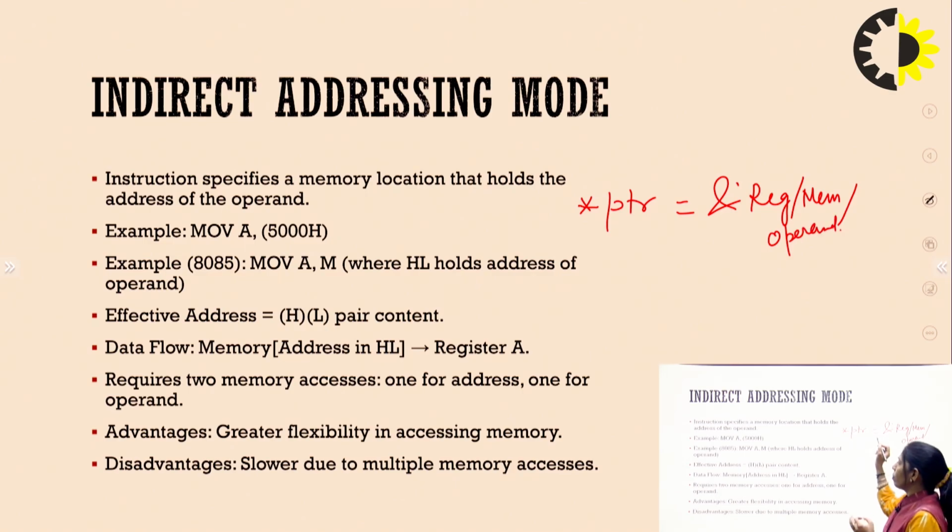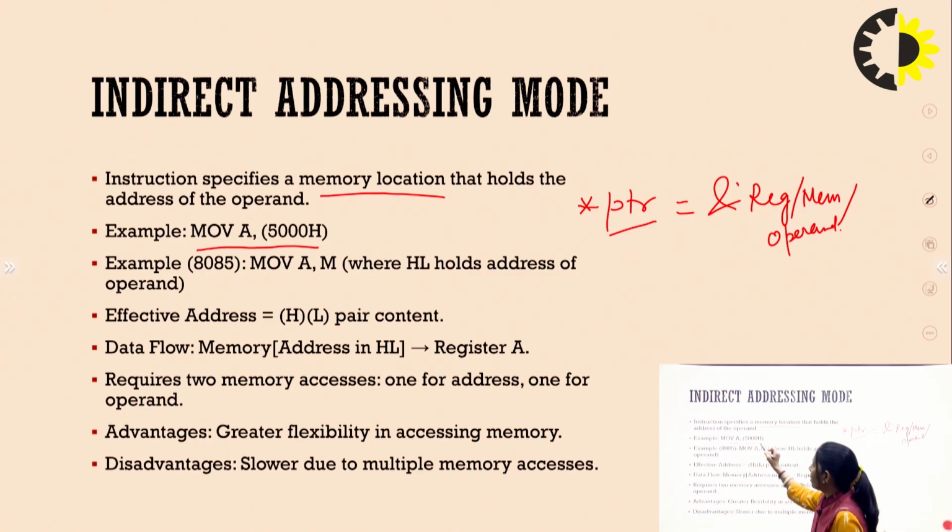That is, containing the address of an address. In this type of addressing mode, the instruction specifies a memory location that holds the address of the operand. So there is one memory location, from that we reach another, and from that final destination we can fetch the operand.